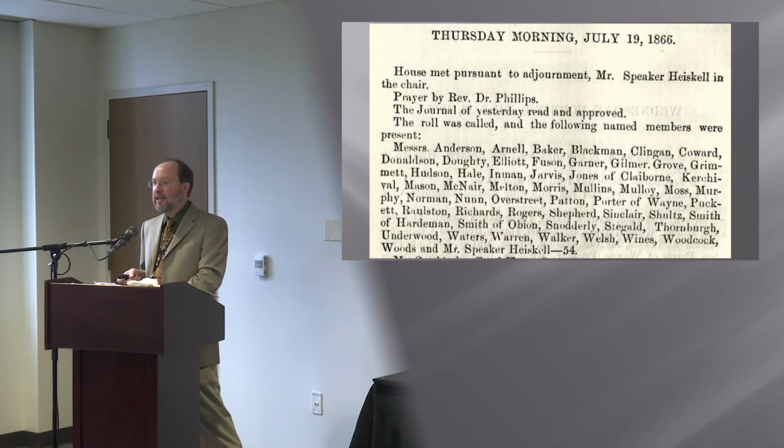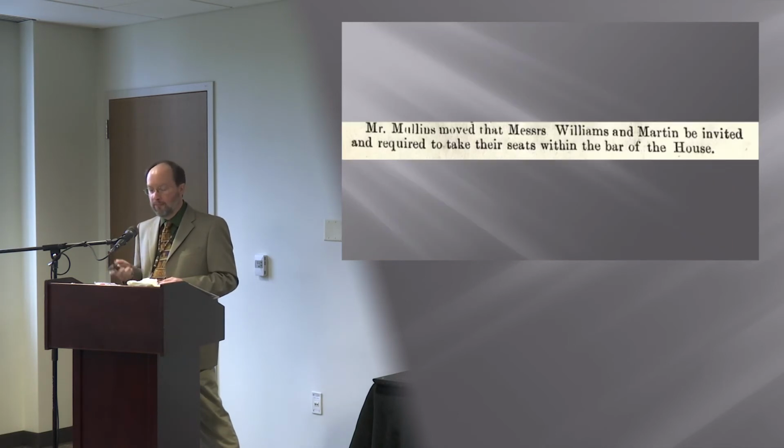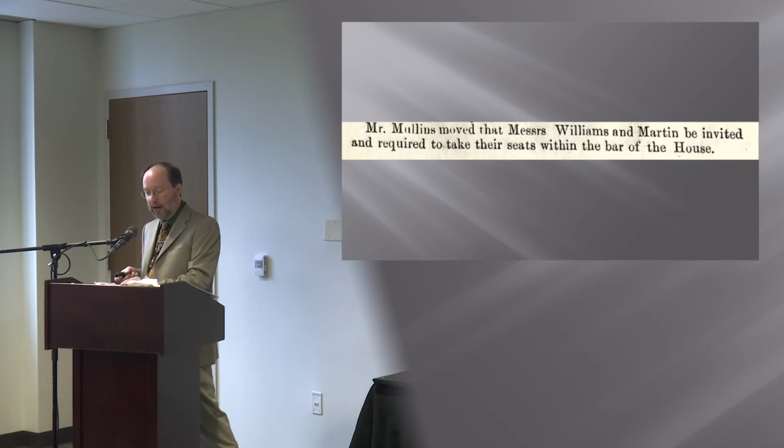Thursday, July 19th, 1866, the 15th day of session with no quorum. 54 House members present, 2 short of a quorum. And then, Mr. Mullins moved that Mr. Williams and Martin be invited and required to take their seats within the bar of the House. 56 members present.